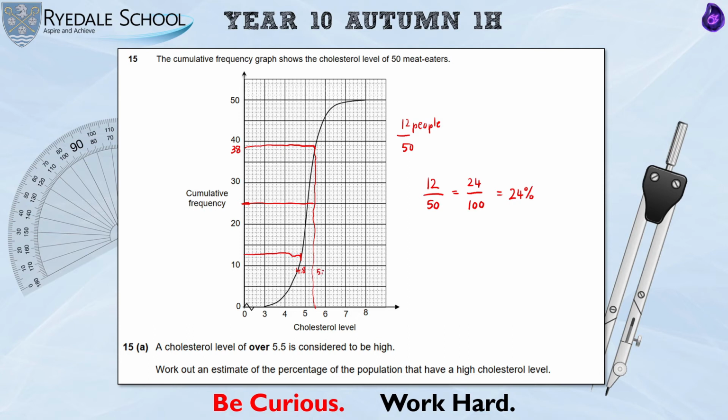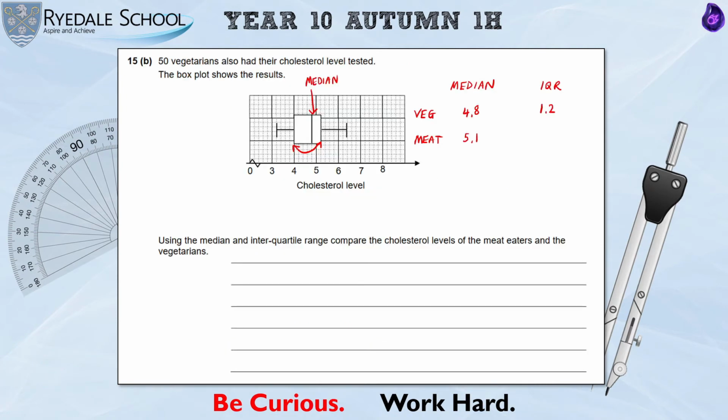Maybe a little bit less, maybe 5.4. Okay, so that is a difference of 0.6. So I can now write in 0.6 was the interquartile range for the meat eaters.